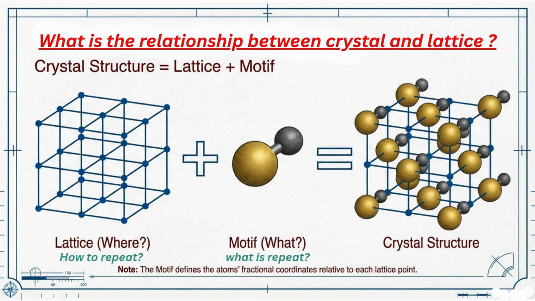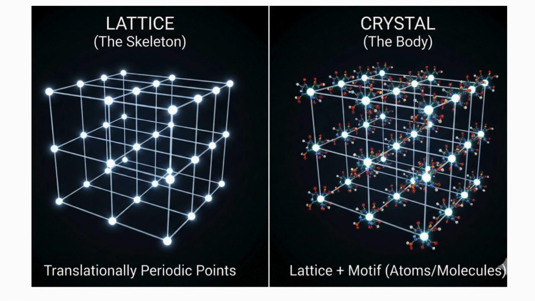With this we are able to make a structure of any matter or mineral. So here basically we are trying to understand that the lattice is a skeleton, and it must also possess translation symmetry. That means translation periodic points in space.